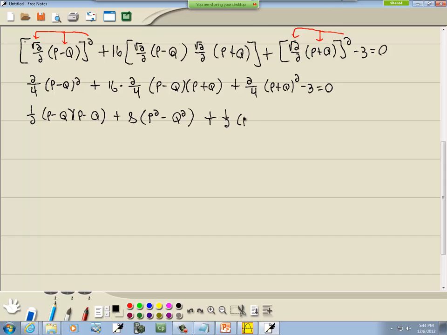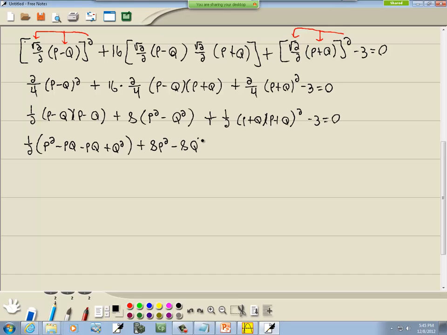And then we got (p plus q) times (p plus q), minus 3 equals 0. 1/2 times p times p is p squared. P times negative q is negative pq. Negative q times p is negative pq. Negative q times negative q is plus q squared. Plus, I'll multiply the 8 through. In case you're wondering, you don't have to show all the steps I'm showing.